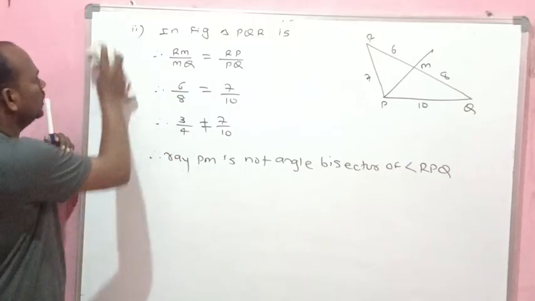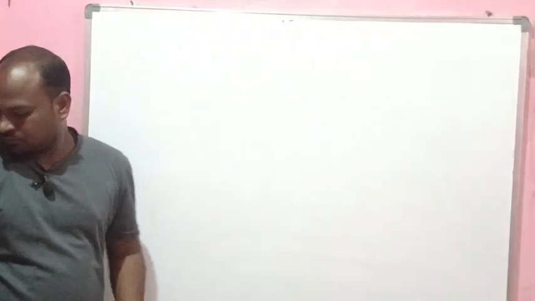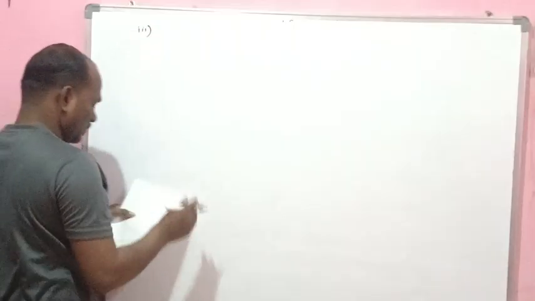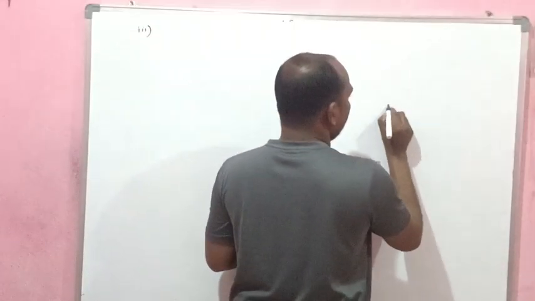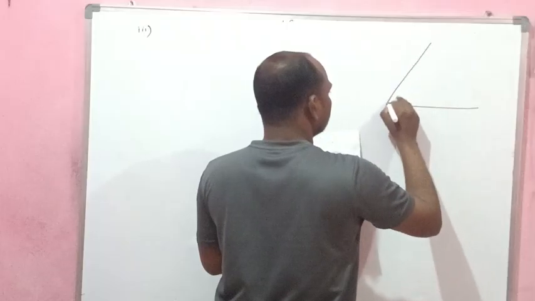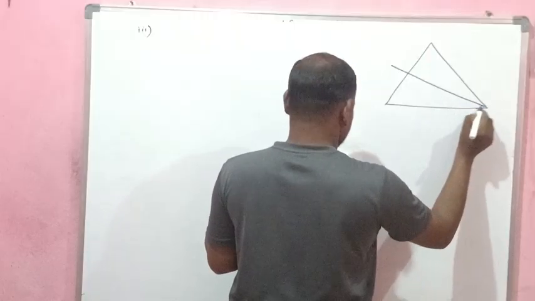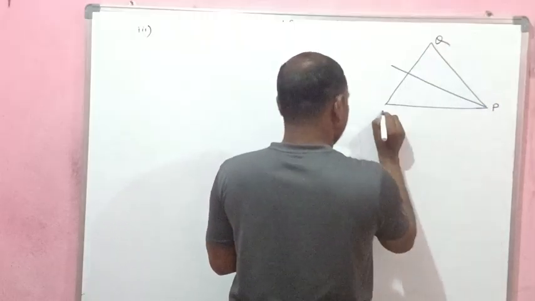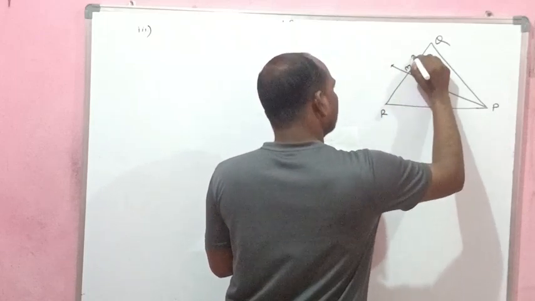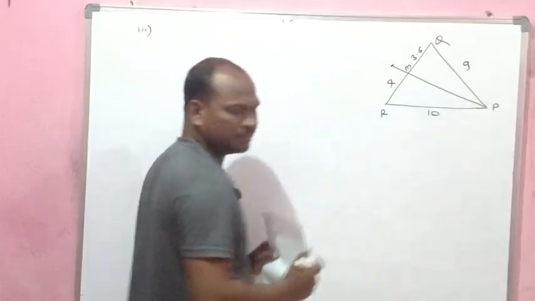Now the third, now the third diagram, that is Q, P, R and M. Now this is 3.6 and 4, that is 9 and 10.